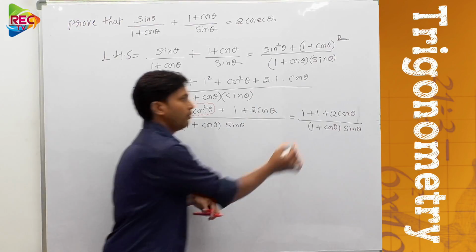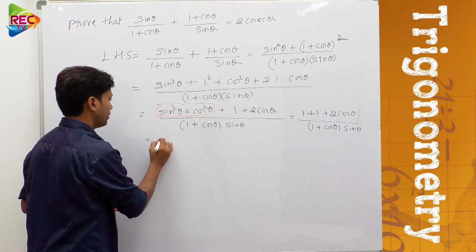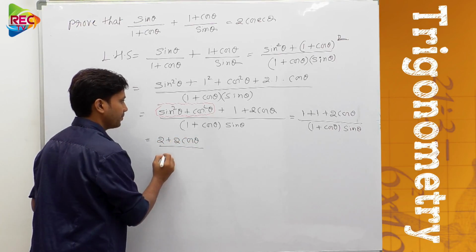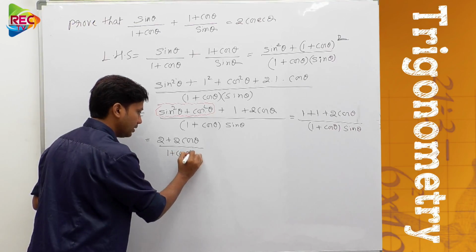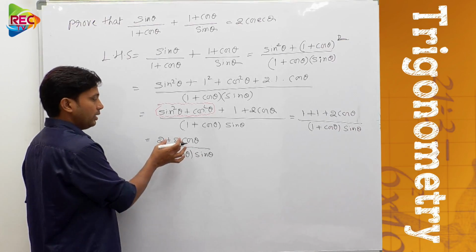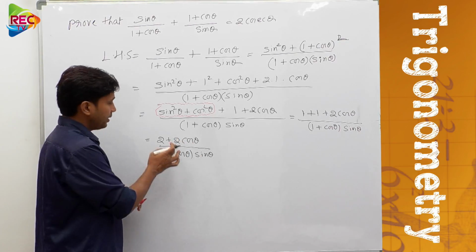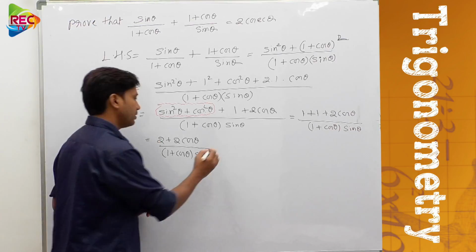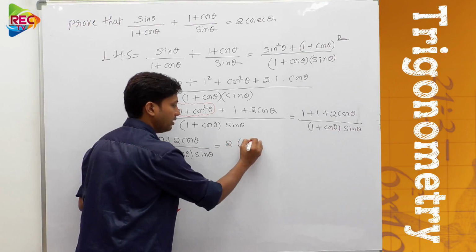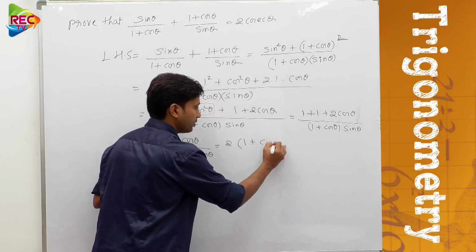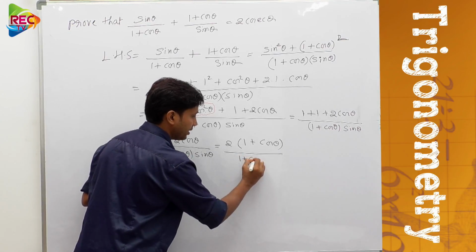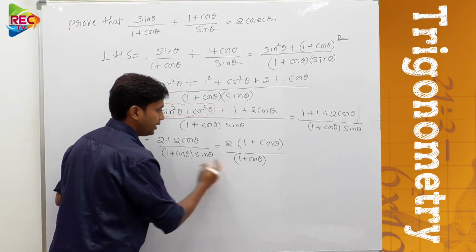Okay, now 1 plus 1 would be 2. 2 plus 2 cos theta by 1 plus cos theta into sin theta. Right? Now, here in the numerator part, if you observe, we can take common 2 from both the terms. 2 we took common, here 1 is left over, so 1 plus cos theta, by 1 plus cos theta into sin theta.